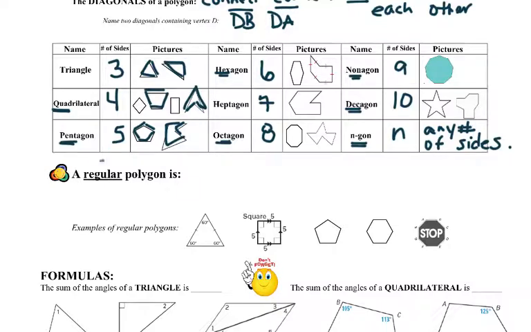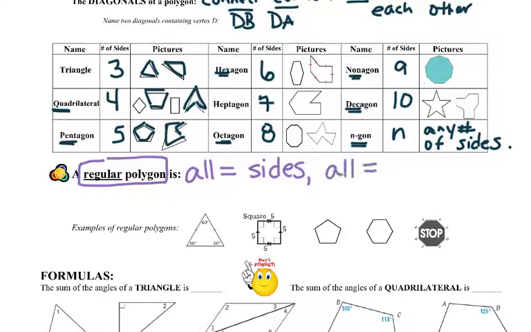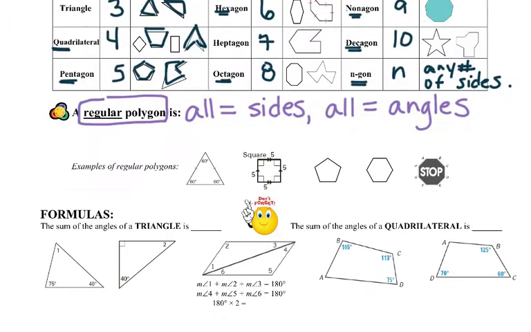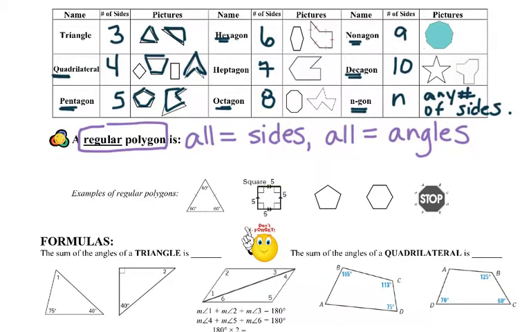Now we're going to introduce a word that we're going to use all year long, regular polygon. A regular polygon has all equal sides, all equal angles. So it's like a normal looking shape, right? So a normal triangle is actually an equilateral triangle which has all equal sides and all equal angles.